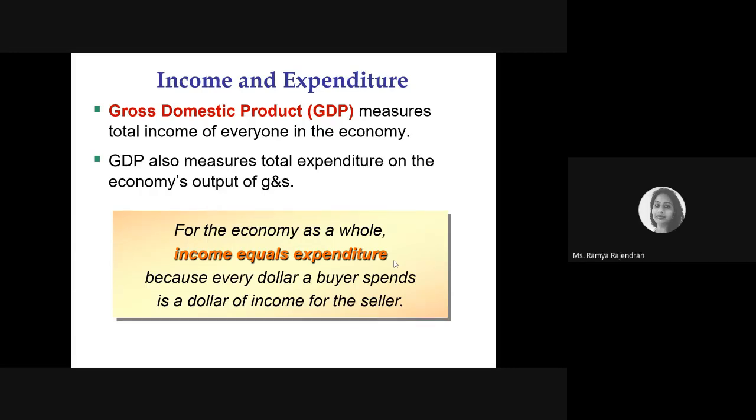For example, I'm a person buying toys from a supermarket. For me it's an expenditure. For the shopkeeper, that's the income, right? So for every economy, the income will always equal the expenditure. One person's expenditure is another person's income, and that person's income is the next person's expenditure.